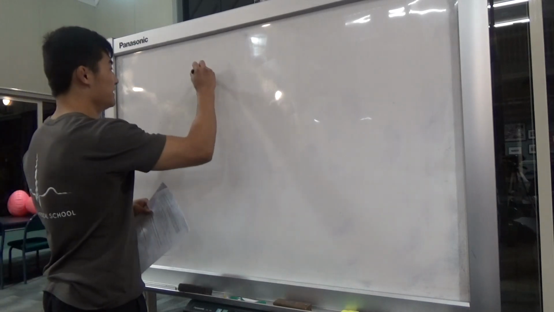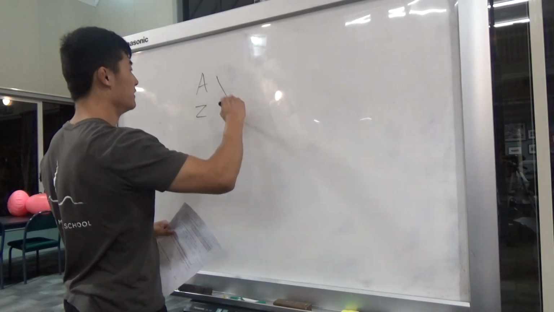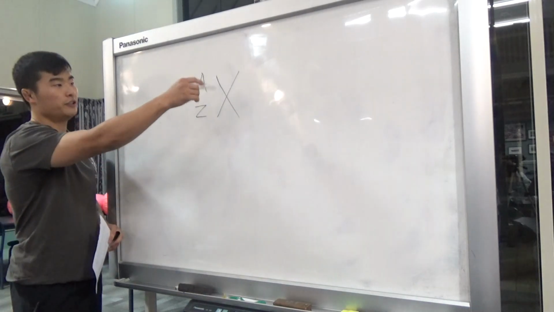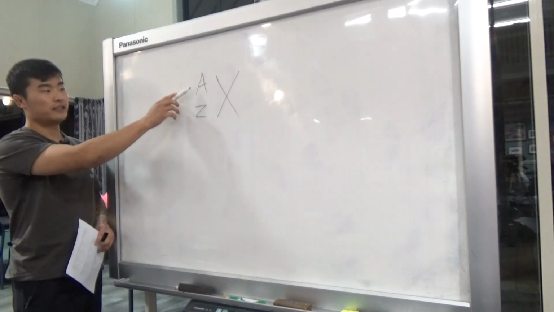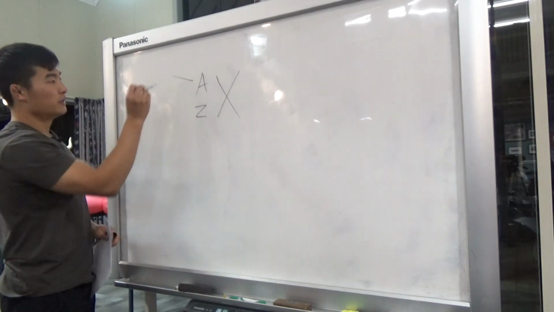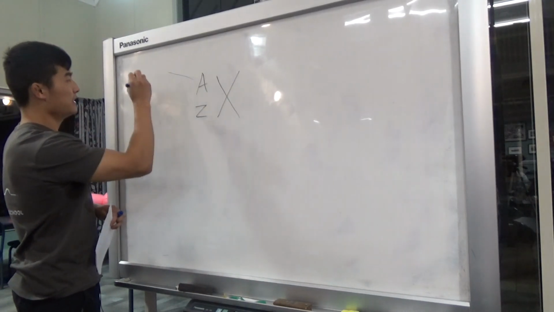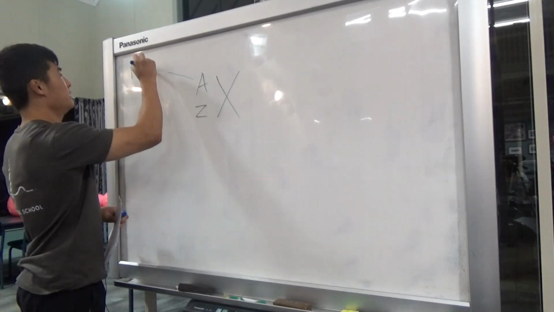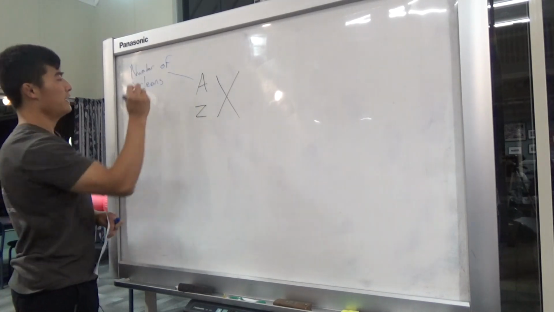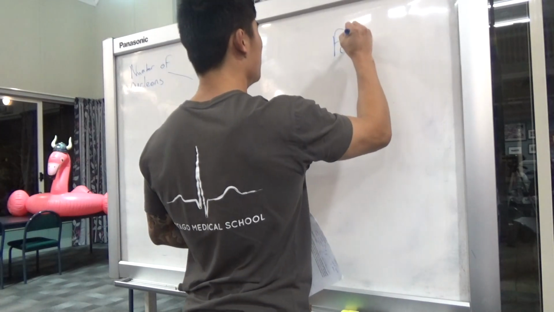So this is the mass number, right? You have your chemical element symbol, and then the symbol A is going to be your mass number. That's the number of nucleons. So a nucleon is a proton or a neutron.